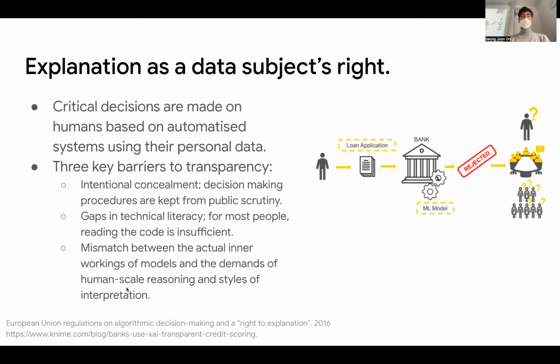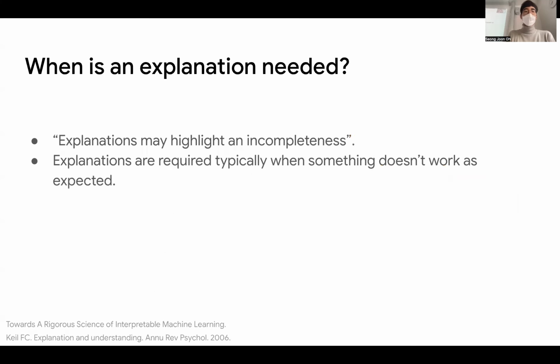And third case is perhaps more interesting for our course, which is the mismatch between what is actually happening in this complex system and what is actually the capacity of human understanding. If you're showing all the internal weights of a model and so on to a human, then it's very unlikely that human will make some meaning out of that, right? So you need to do some kind of dimensionality reduction or some summarization of information and attachment of human understandable concepts to make sure this is actually communicated to humans. But there seems to be some kind of mismatch here.